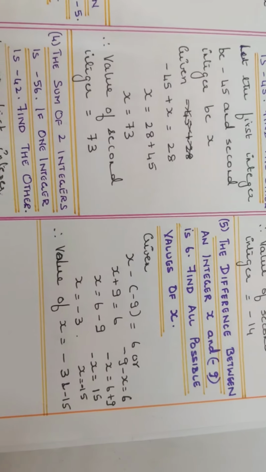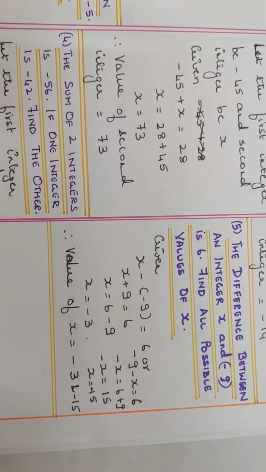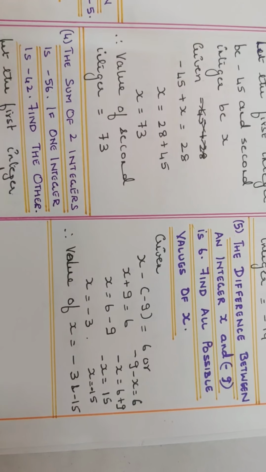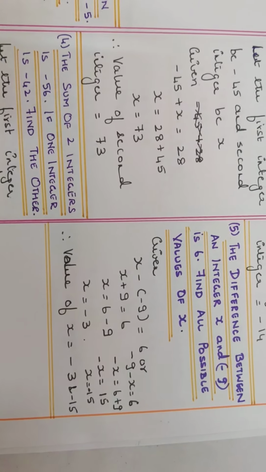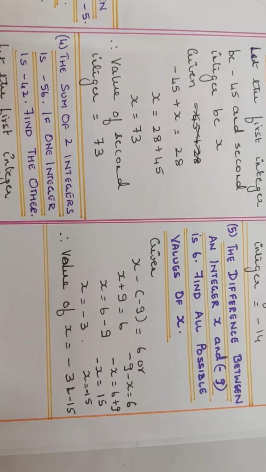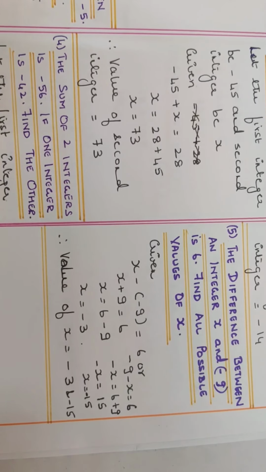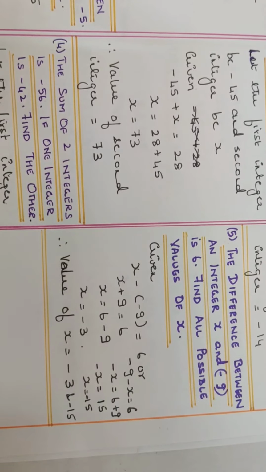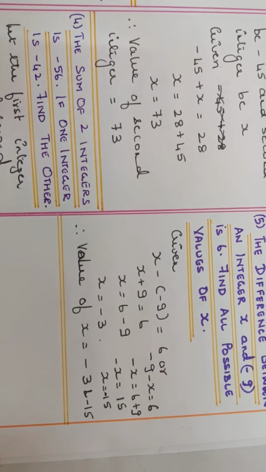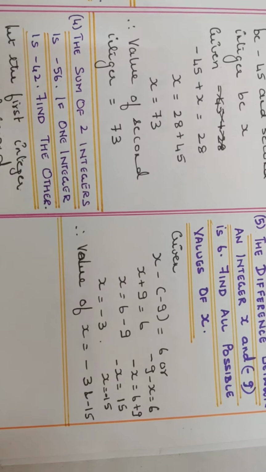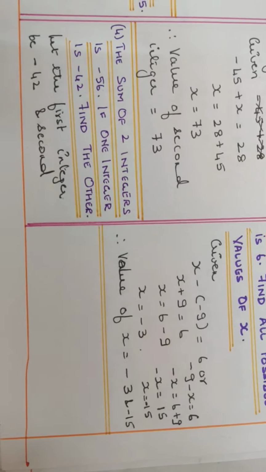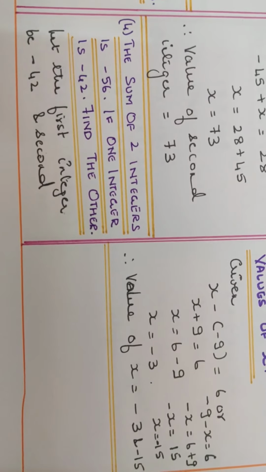Let's move on to the fifth sum. Very similar again. The difference between the integer x and minus 9 is 6. Find all possible values of x. So, you should take two ways of doing these sums. First one will be x minus of minus 9 is equal to 6. Therefore, x plus 9 is equal to 6. So, x is equal to 6 minus 9.